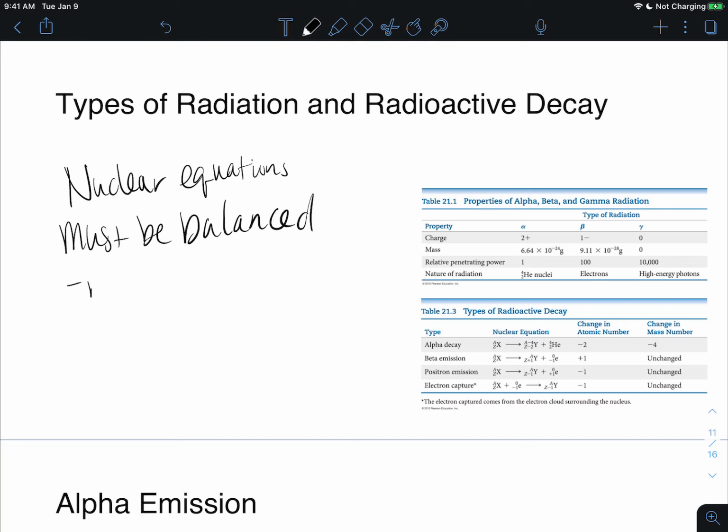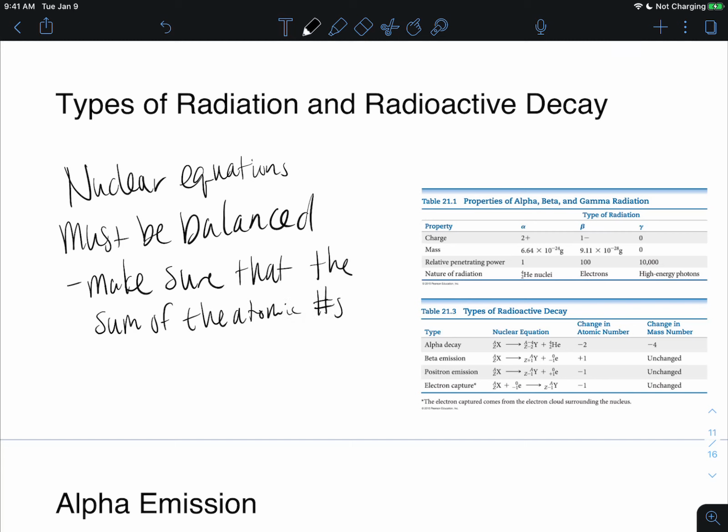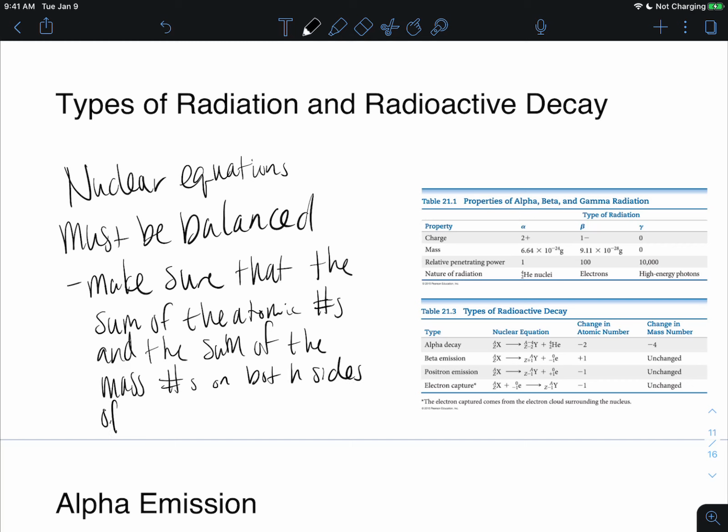So make sure that the sum of the atomic numbers and the sum of the mass numbers on both sides of the equation are equal.